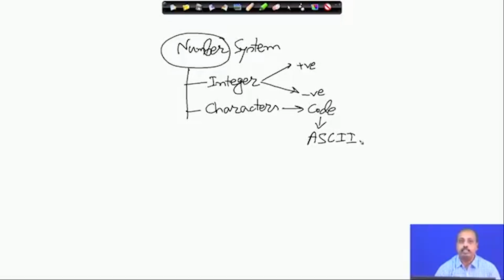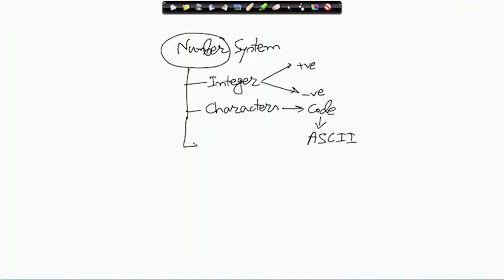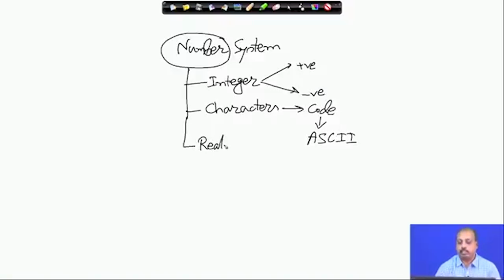Ultimately, what is stored inside the computer is nothing but this integer code. It is not processed as a character inside the computer, it is stored as a number only. The other class of numbers that we have are the real numbers. Real numbers have two parts: one is the integer part and the other is the fractional part.